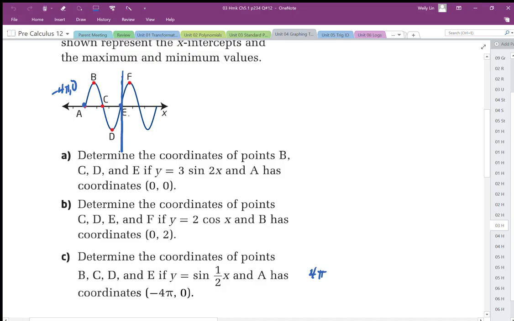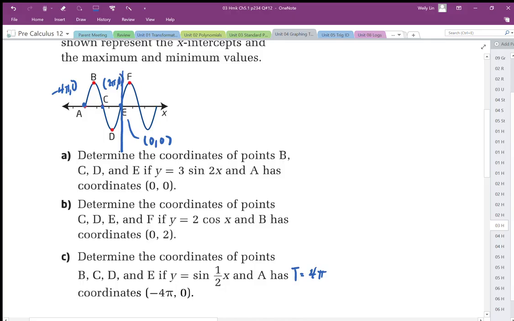So I'm just going to start with E, and E is at 0, 0. That's my period. My amplitude is 1, so I just need to worry about the positions being 1 up, 1 down, or 0 in the middle. Actually, I'm going to start with C because I like doing the middle. So here is -4 pi at A. This is going to be halfway, so C is going to be -2 pi and 0.